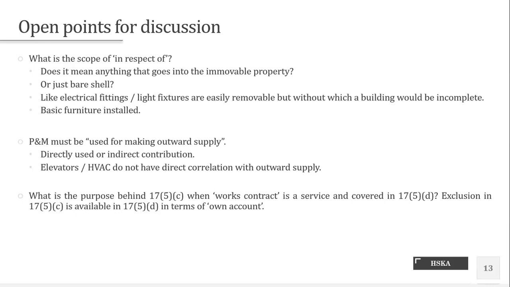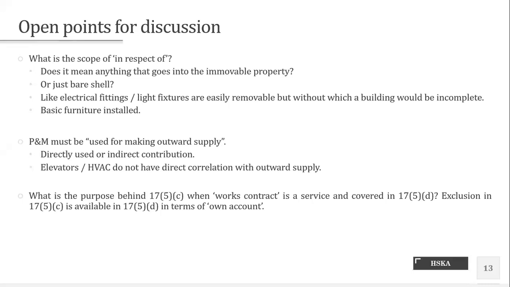So first, in respect of the scope of immobile property, I feel the mode of annexation and object of annexation is important. If anything is attached in a mode which requires substantial breakage to remove it, then it will be immobile property.